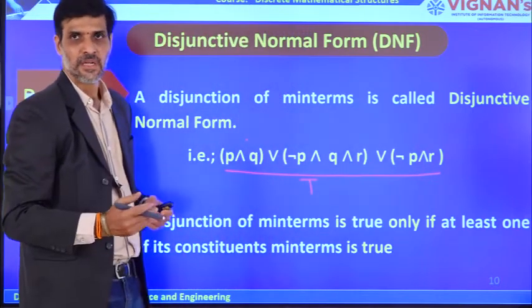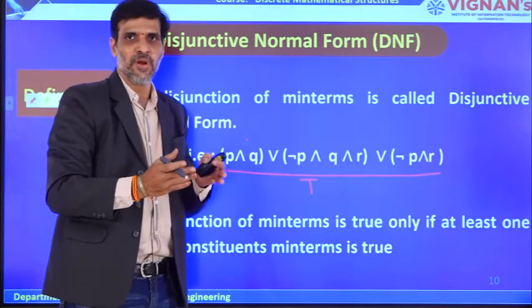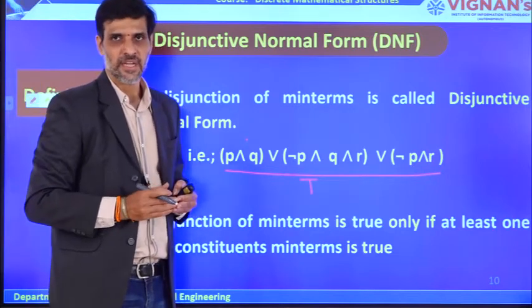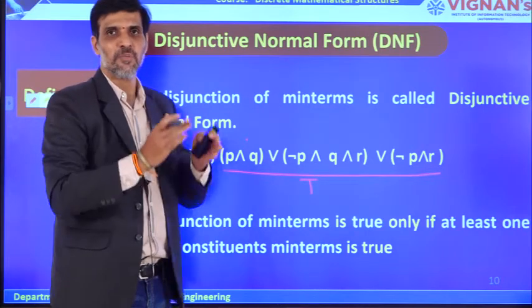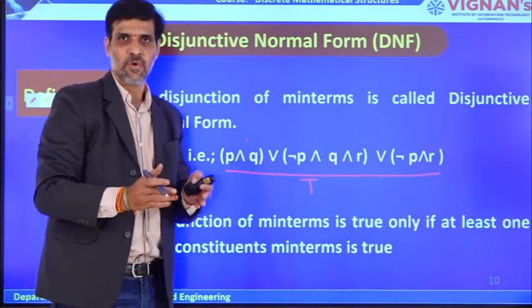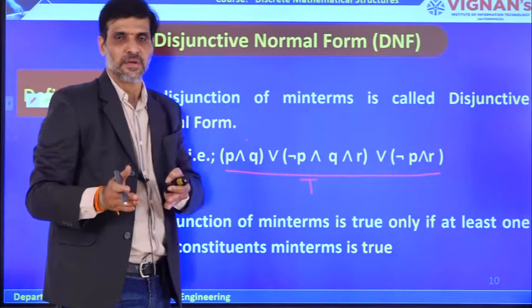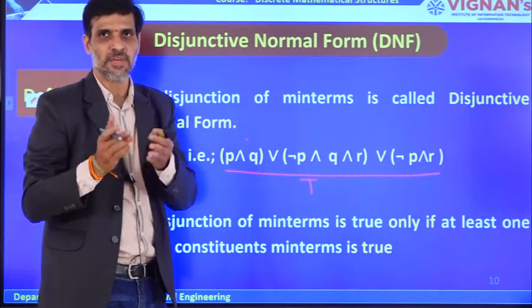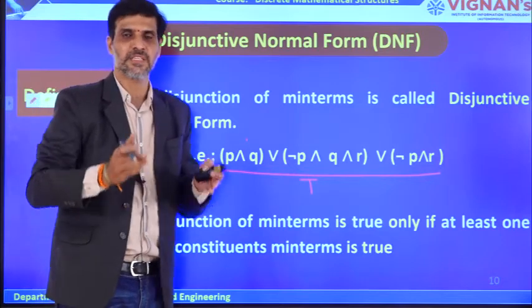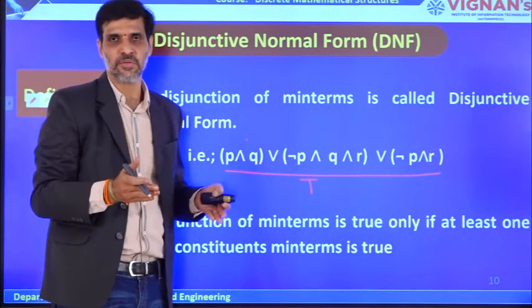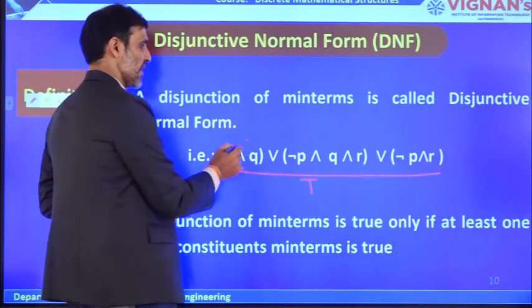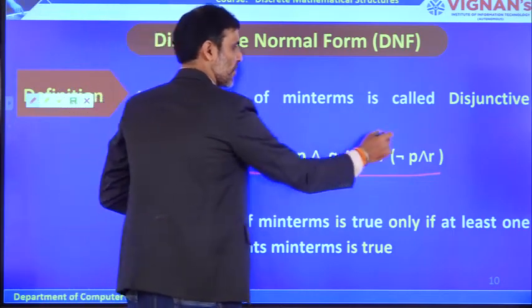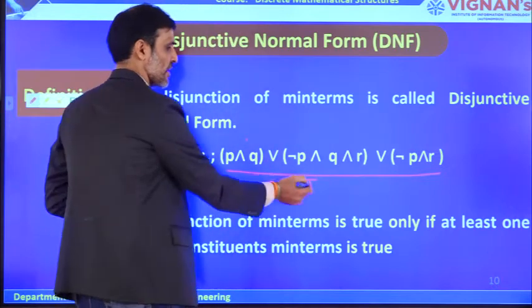Why? Because the truth table of disjunction tells us that if any one propositional variable is true, then the truth value of the disjunction will always be true. Only if both are false will it be false. So it is not necessary that every minterm be true to get a true value.